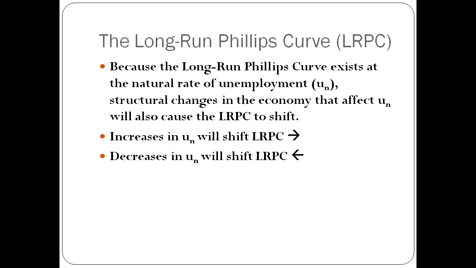At the natural rate of unemployment, you do not have any cyclical unemployment. But when the other types of unemployment change, it can change the natural rate of unemployment, thus shifting the long-run Phillips curve.